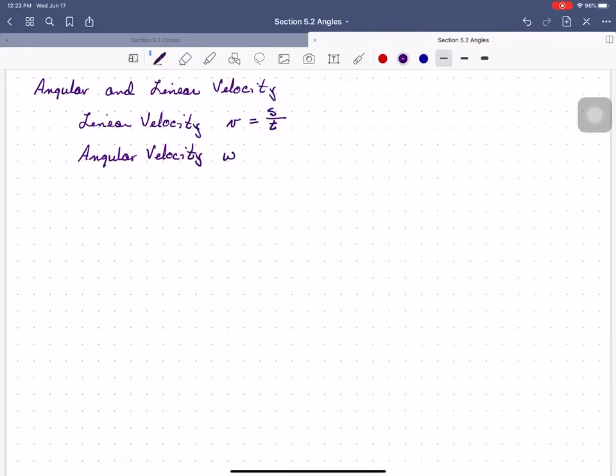So omega equals theta over time. And we could do some algebra and use the arc length definition, and it wouldn't take us very long to figure out that there's a relationship between my angular velocity and my linear velocity, and it is that v equals r omega.